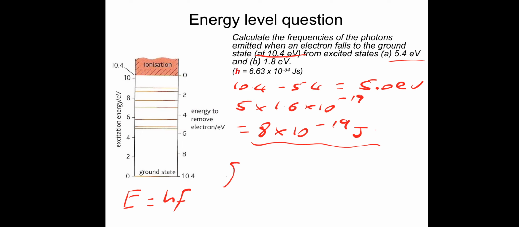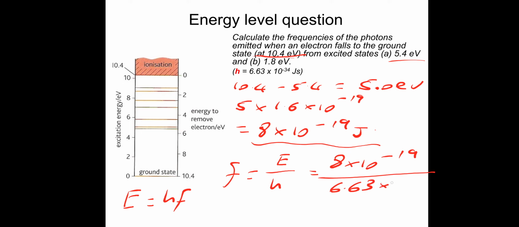So the frequency would simply be the energy divided by Planck's constant. So the energy is 8 times 10 to the minus 19 joules divided by Planck's constant, 6.63 times 10 to the minus 34 joule seconds. And that gives us a frequency of the photon of 1.2 times 10 to the power of 15 hertz. So that's the first one done.